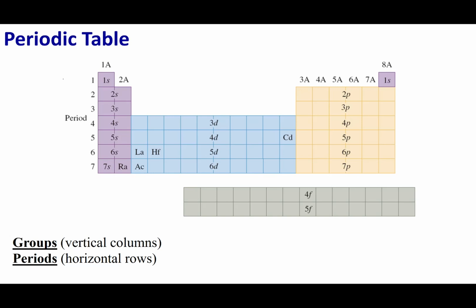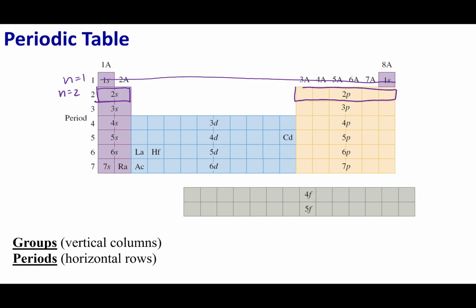You have n equals 1, and there's only the s orbitals, so only 2 elements are up on the top. You have n equals 2, and then you have the s orbitals, which can only accommodate 2 electrons, and then the p orbitals, which can accommodate 6 electrons.